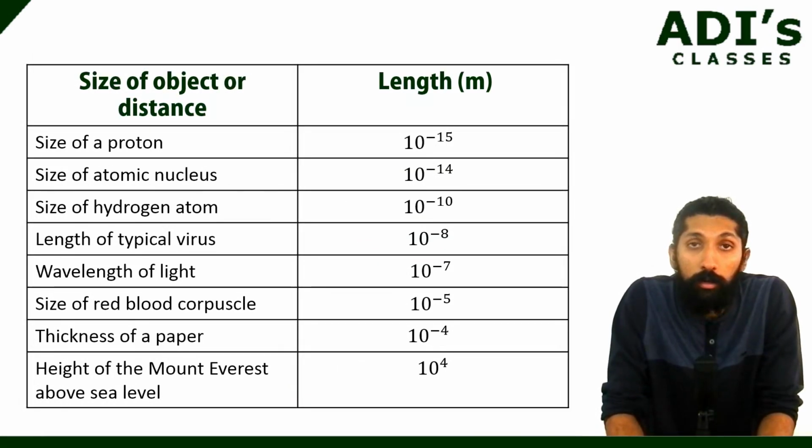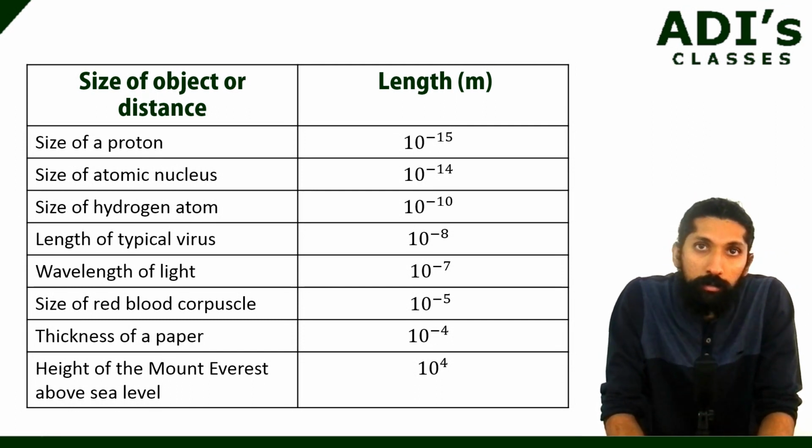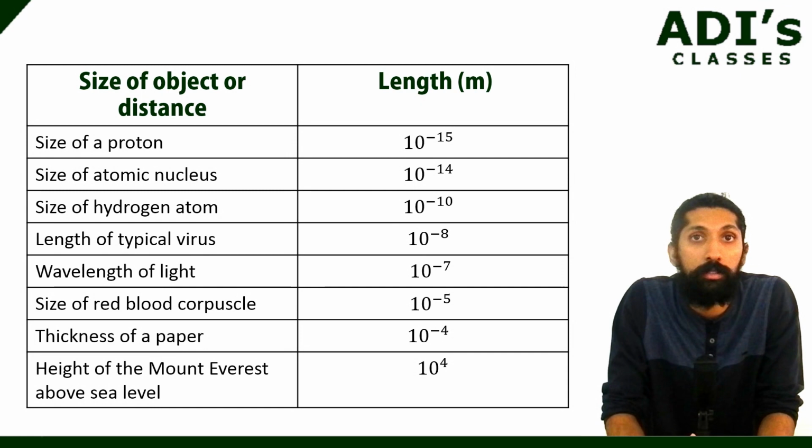Now when you say distance, look at the table. Here we have the size of the proton. The proton is one of the smallest particles in the universe, correct? Because it's inside the nucleus, obviously it's very small. From that to the biggest of things, which is the size of the universe.